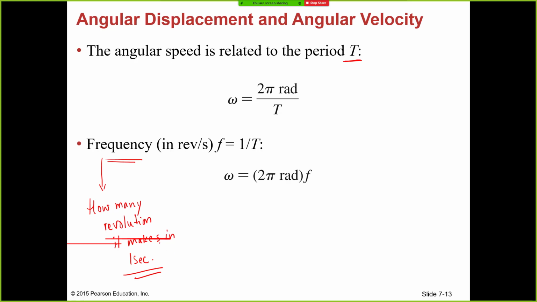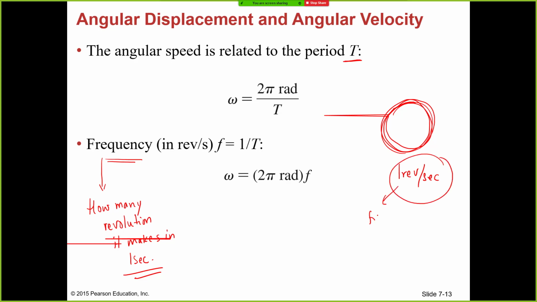Okay, that's the frequency. So let's say it starts from here. Okay, it makes like 100 revolutions in 1 second. That's the frequency. I mean 100 revolutions, so number of revolutions per second.